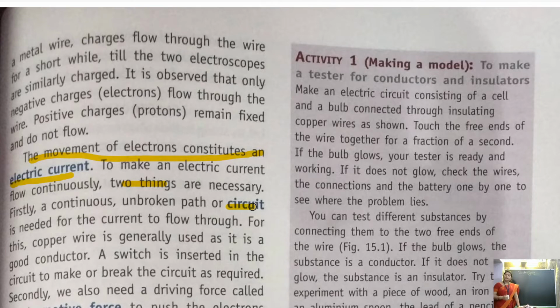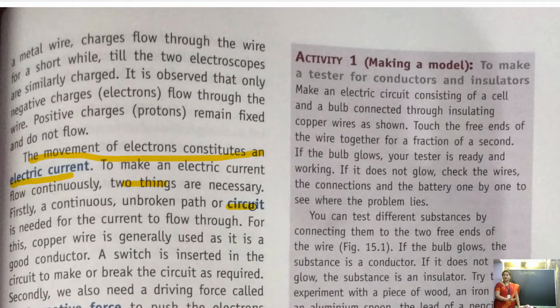Alright, and for an electron to flow, we require a certain force. That force is called, children, electromotive force. That also we have discussed in the previous class. So what is electromotive force? Electromotive force is that initial force that is exerted on the electron to start its flow in one direction.